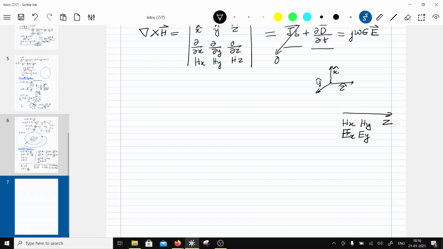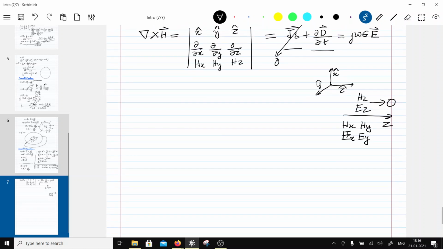Why? Because you need a charge for doing that variation, and this is a charge free medium, so this doesn't happen, right? Now I'm considering propagation along z, then the orthogonal components are going to be Hx, Hy, Ex, and Ey. That means that the Hz and Ez components are going to be 0, right?